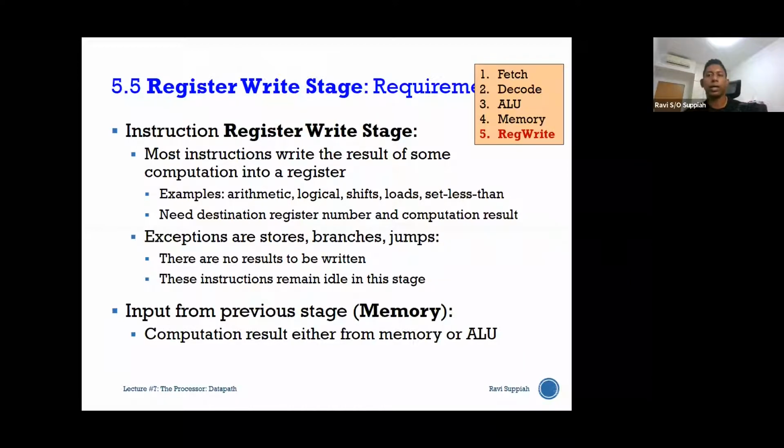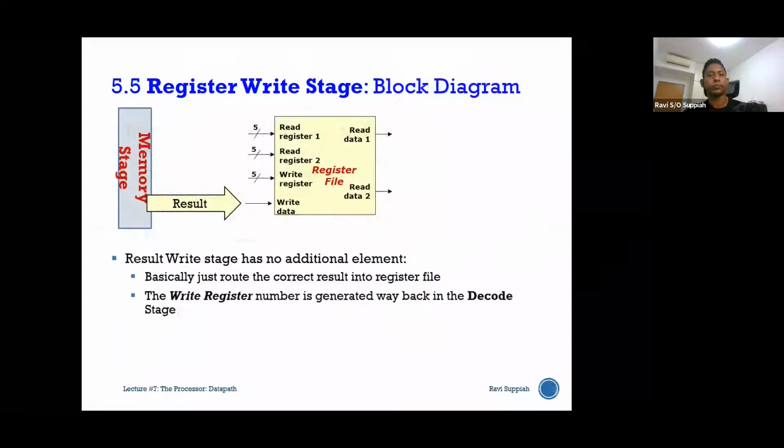All right, so now we are at the last stage already. In the last stage, you have the data and you want to make sure that this data is now written back to the register. That is where the write register and write data come in. We have seen just now that the write register information is already available the moment you fetch and decode the instruction.